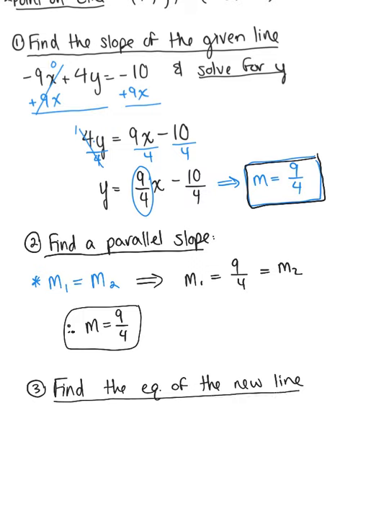So there are 2 ways that you could solve here. You could use the slope-intercept form. That means just substituting the point and the slope into our slope-intercept form and solving for b. Or you can use the point-slope form.